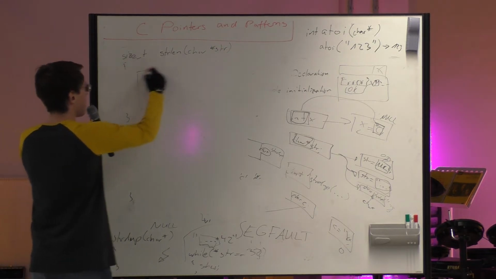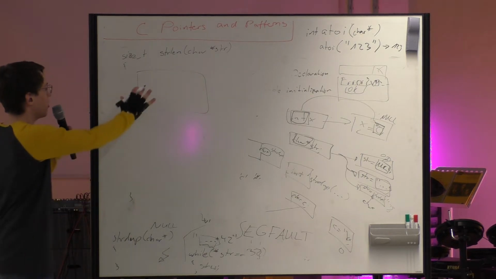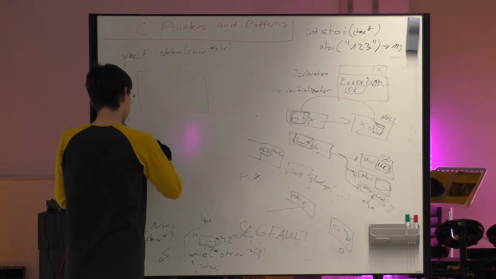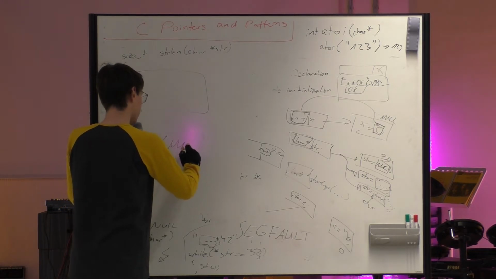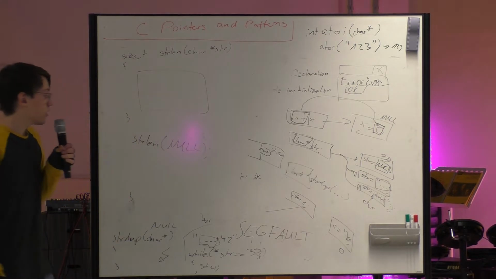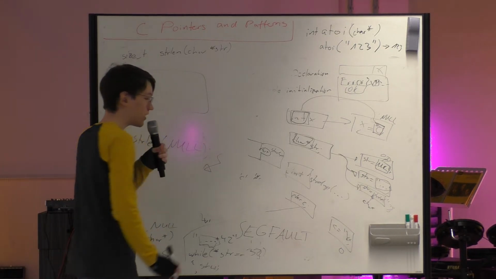And let's say you had some kind of weird mix of patterns in here. We don't care about that. But whenever you call strlen of null, which basically means nothing, no string, your code crashes. Why does it do that?